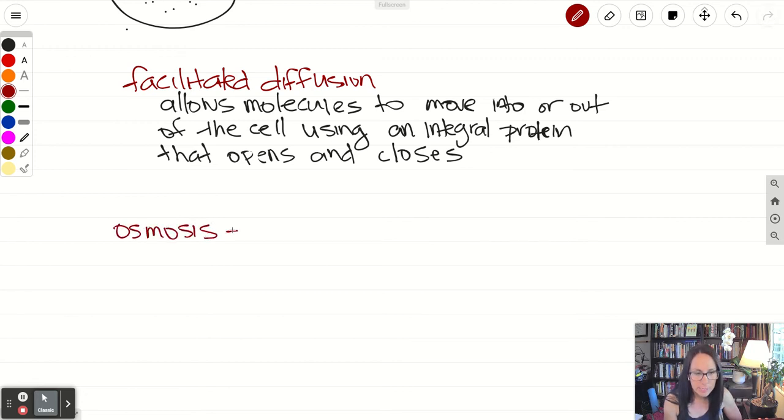Okay, osmosis, you might have heard of this word before, refers to the movement of substances, but the substance is water. So I'm going to write the movement of water molecules.